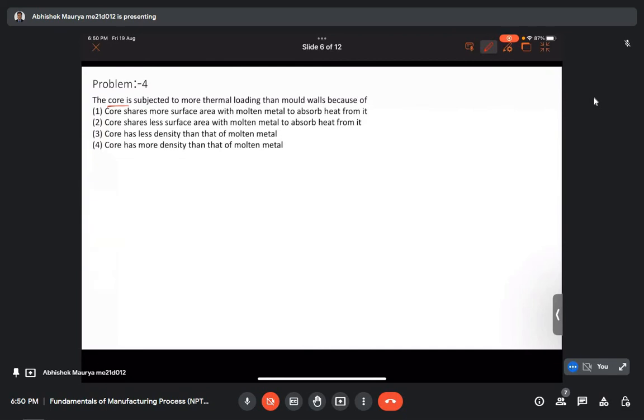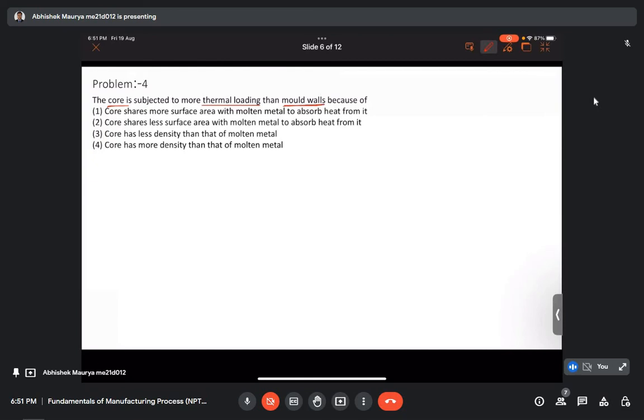It is being asked: the core is subjected to more thermal loading than the mold walls because of what? Here we have to understand what thermal loading is.